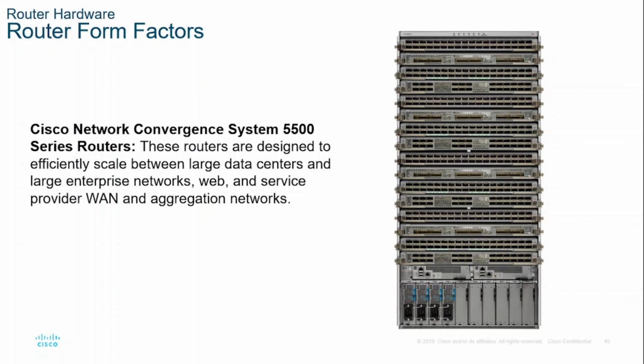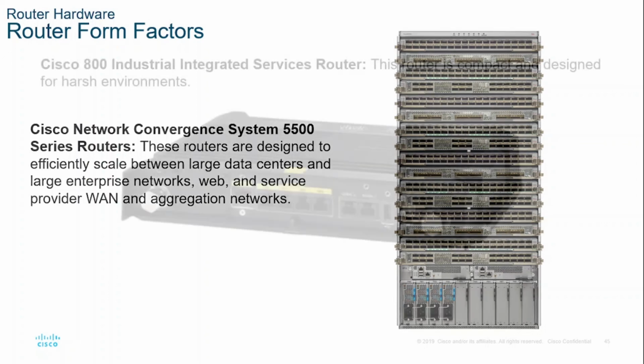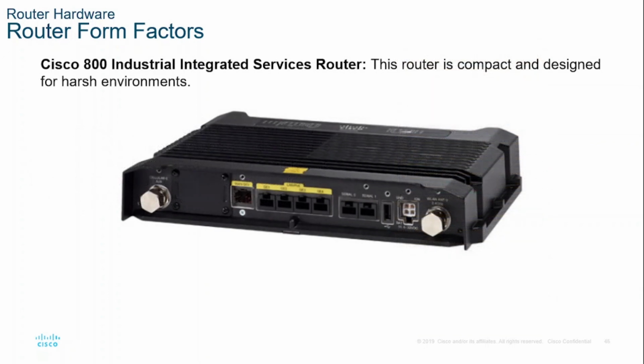Cisco Network Convergence System 5500 series routers are designed to efficiently scale between large data centers and large enterprise networks, web and service provider networks, and aggregation networks. This is an example of a form factor. Another form factor is the Cisco 800 Industrial Integrated Services router. This router is compact and designed for harsh environments.